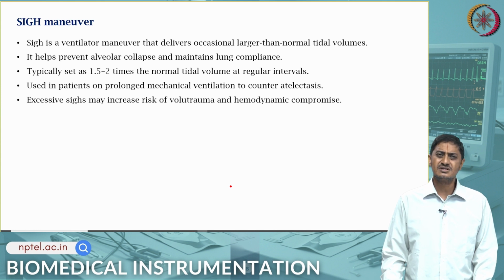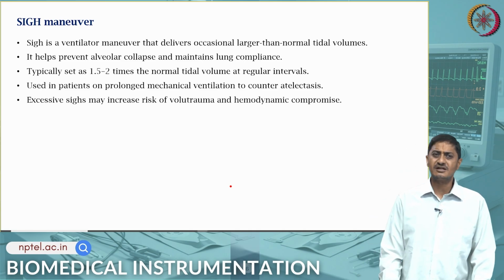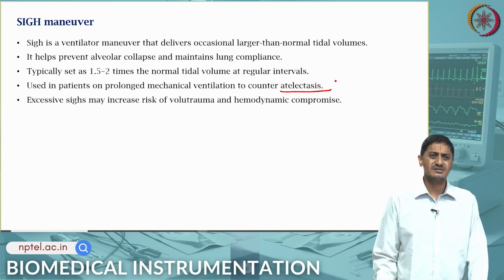This helps reverse atelectasis or alveolar collapse and makes sure that the lung compliance is maintained. Usually this is set at about 1.5 to 2 times the regular tidal volume, but performed at regular intervals. This is used on patients who have been on prolonged mechanical ventilation to ensure that atelectasis is minimized.